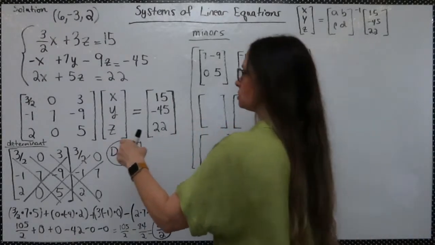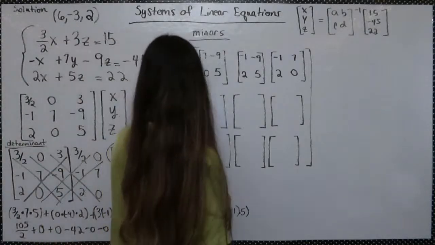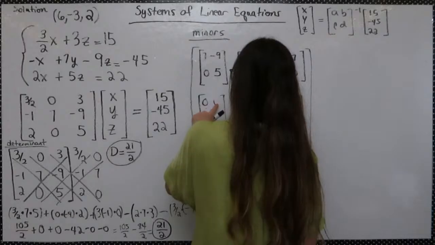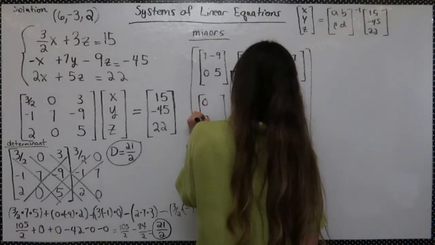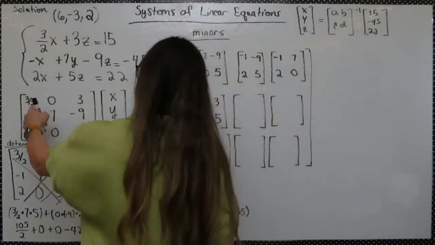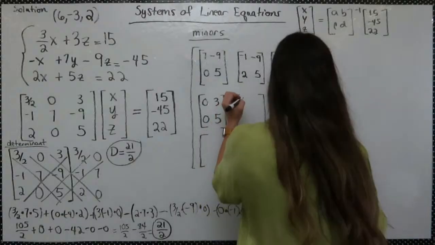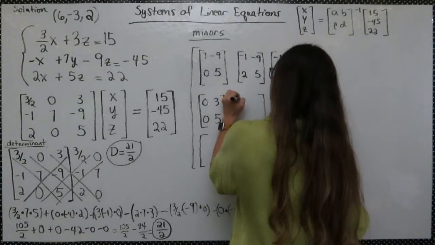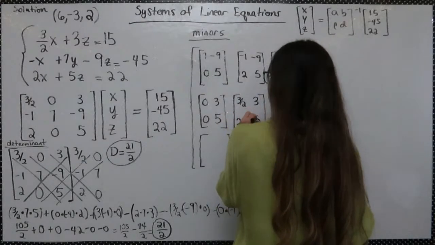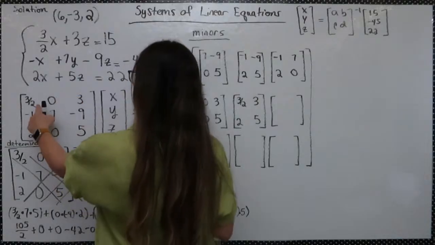This position is going to be 0, 0, 3, 5. No, wrong place. 5, and then the middle one is just the corners. These 4 corners. So we've got 3 halves, 3, 2, and 5.